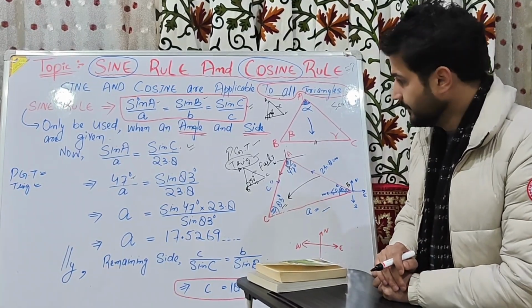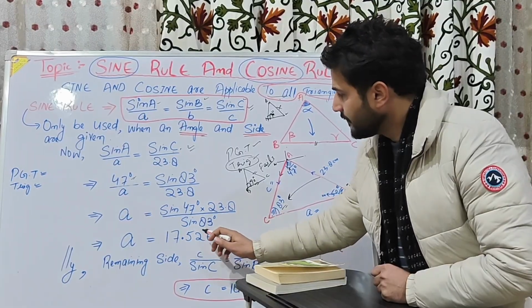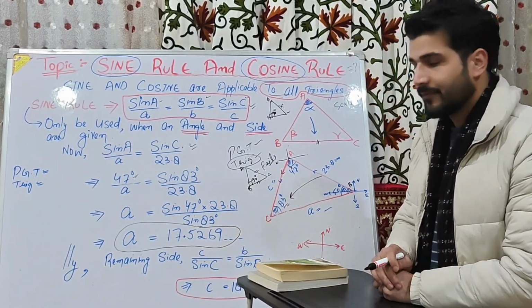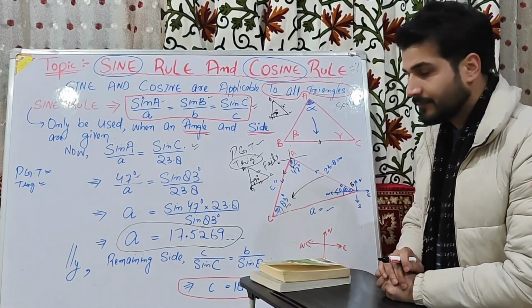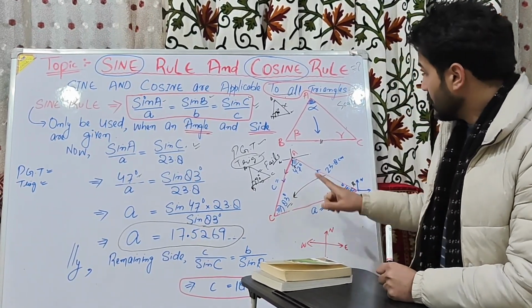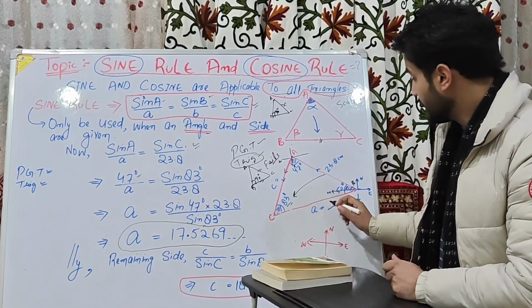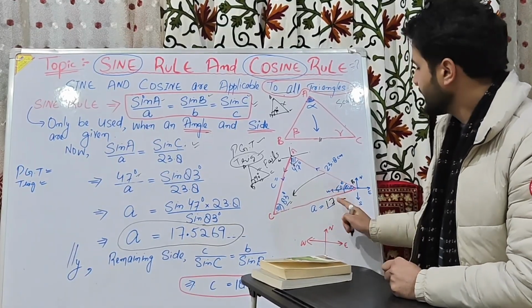So from this formula, we can find the value of A, this side CB. A comes out to be 17 point something. We write 17 centimeter.